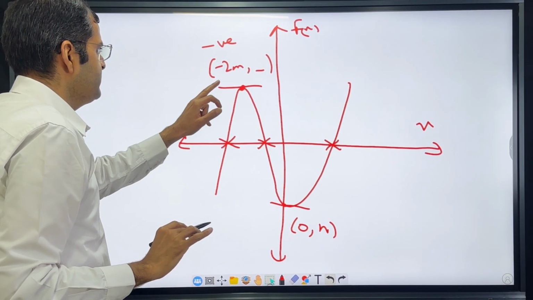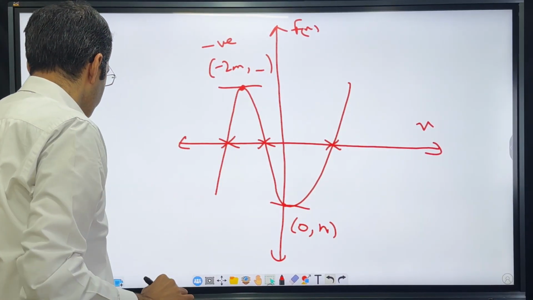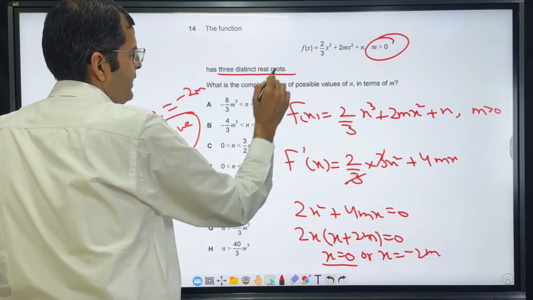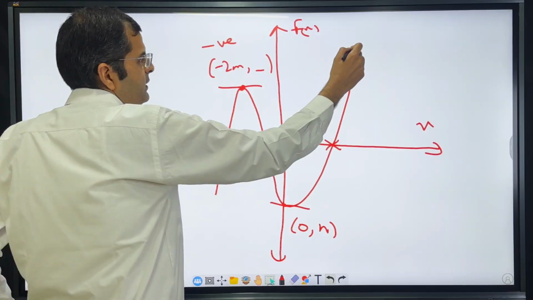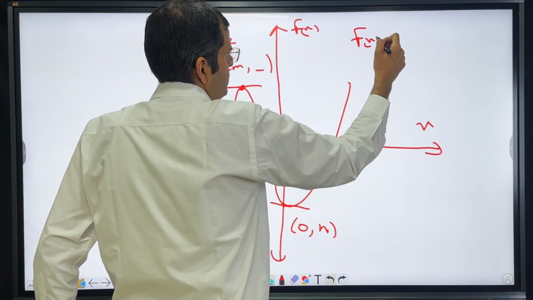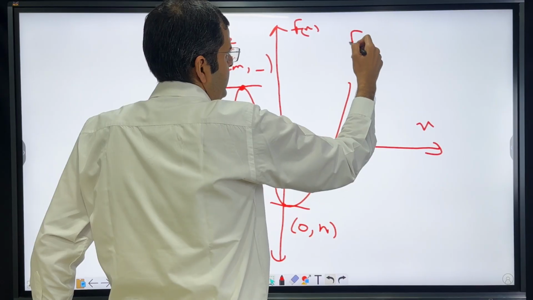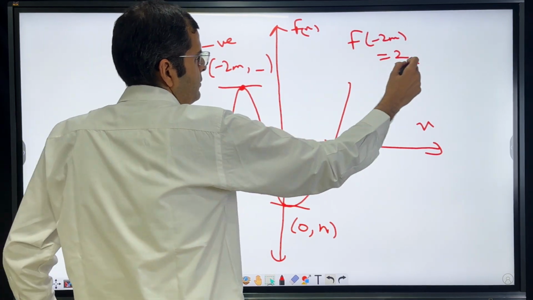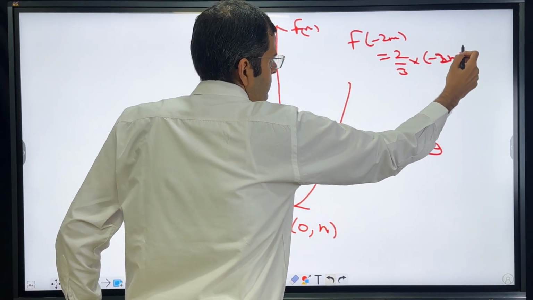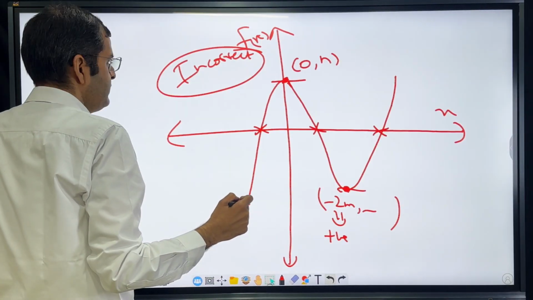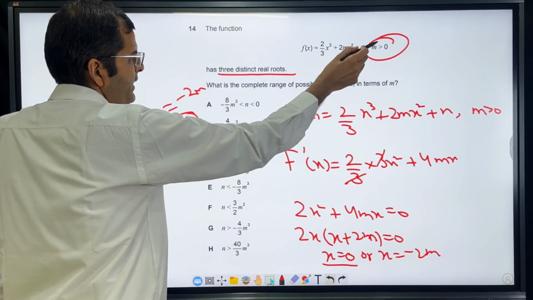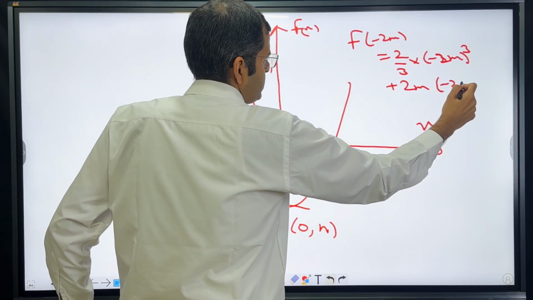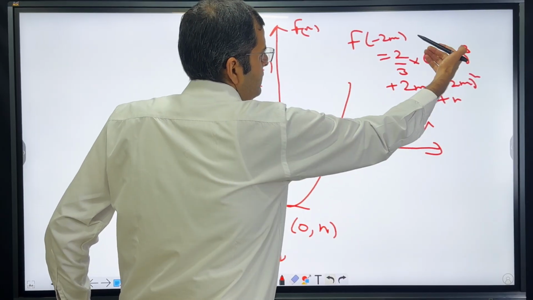Now when I know this is the correct graph, first of all I'll figure out the y coordinate here. To figure out the y coordinate, we'll put x as minus 2m in f of x. So I'll write f of minus 2m. That is 2 by 3 into x cube, x cube is minus 2m whole cube, plus 2m into x square, x square is minus 2m square, plus n.